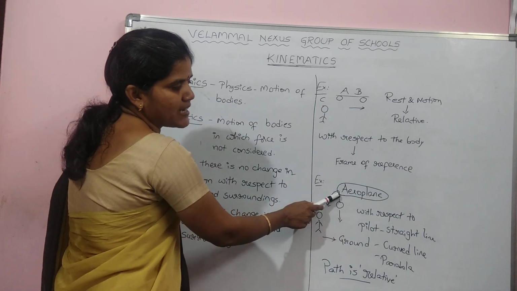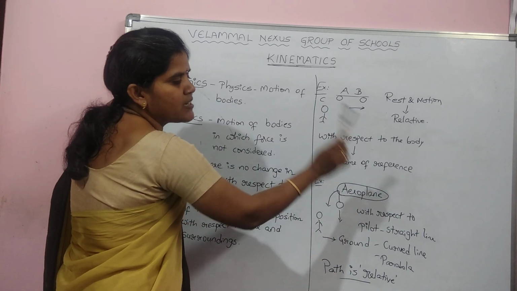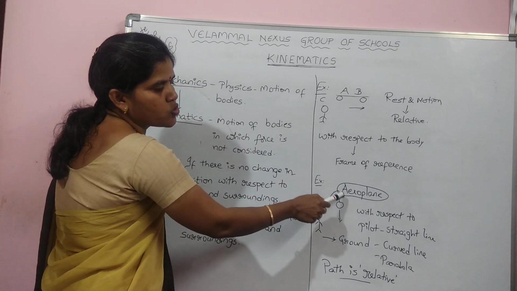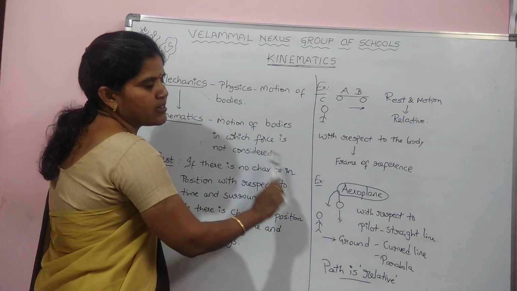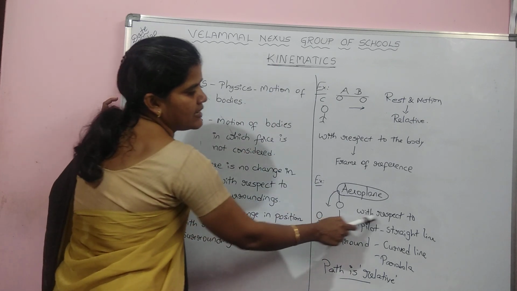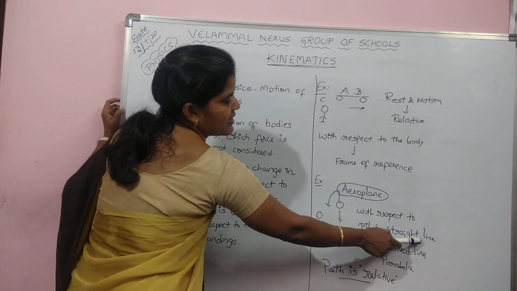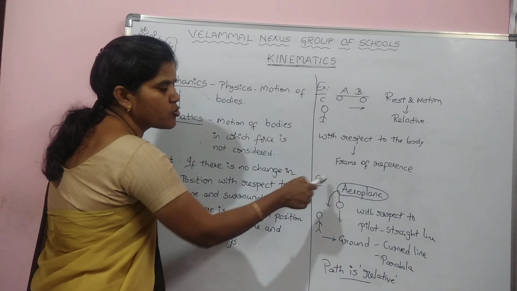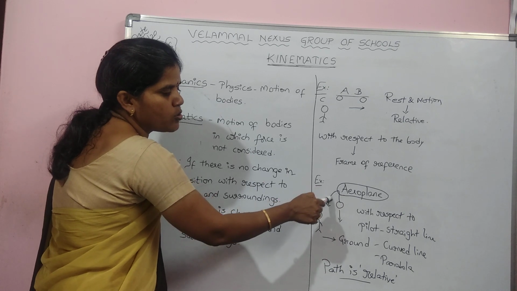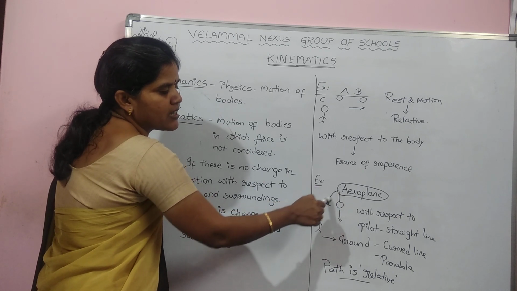Now one more example, like the aeroplane. The airplane is flying in the sky. A stone is dropped from the airplane. The pilot sees the stone falling straight. With respect to the pilot, it's a straight line. Suppose another person is observing the same stone from the ground. He feels that the stone has taken a parabolic path, a curved line.